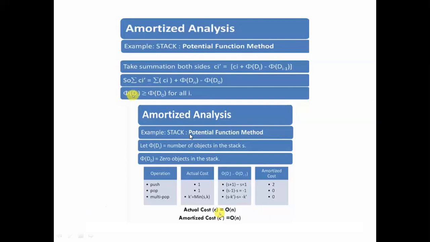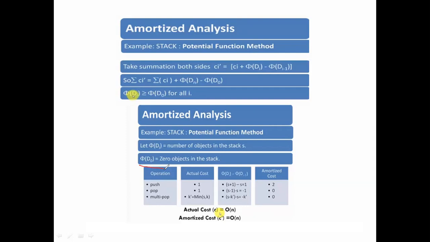So see, for a stack, the potential function we choose will simply be the number of items on the stack. Before the sequence of operations begins, phi of D0 equals 0, because 0 means there are no elements in the stack.